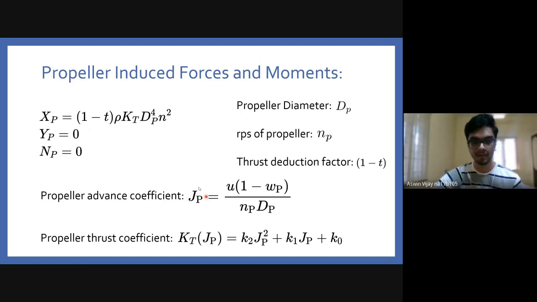And for calculating jp, you need the wake at the propeller, the velocity, the rps of the propeller, and the propeller diameter. Now, a thrust reduction factor of 1 minus t is also included to calculate the net propulsive thrust along the x direction. The moments and the y force are 0 for the propeller.